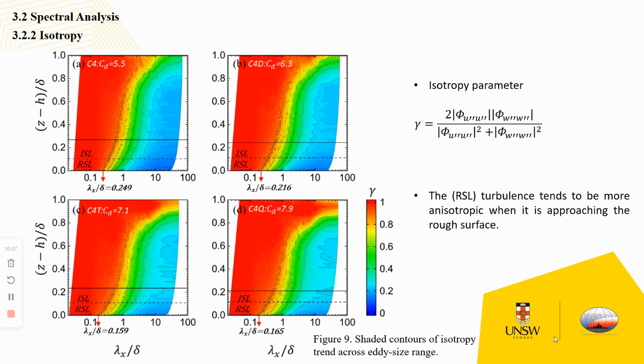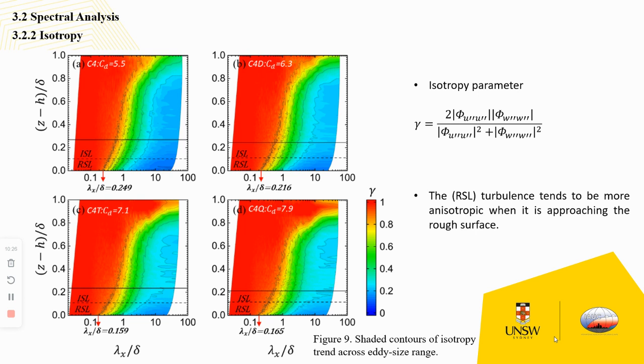And it is about the isotropy, and we introduce a parameter, the isotropic parameter. When the parameter tends to be one, it means that the structure is more isotropic.